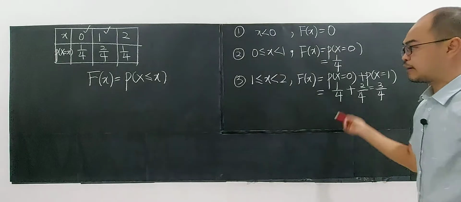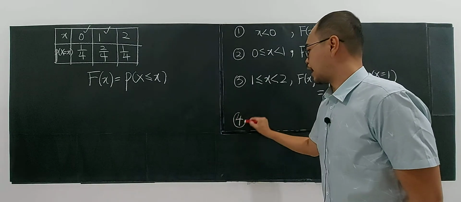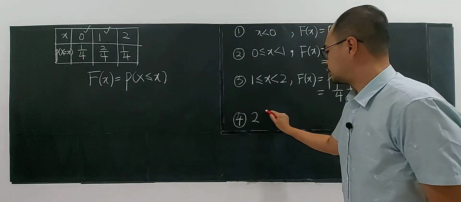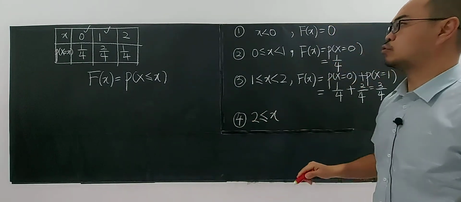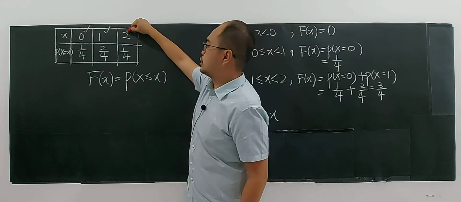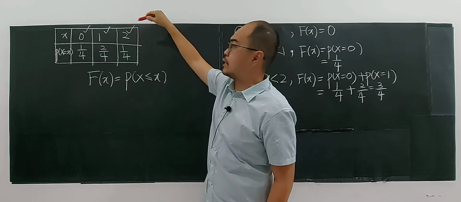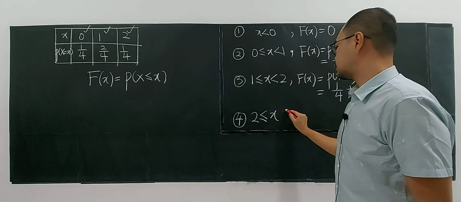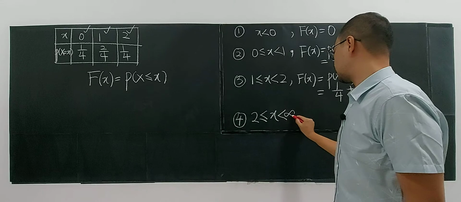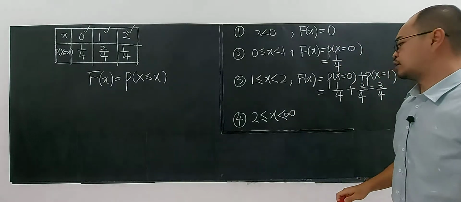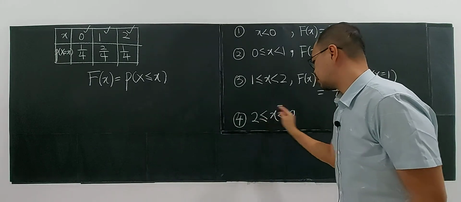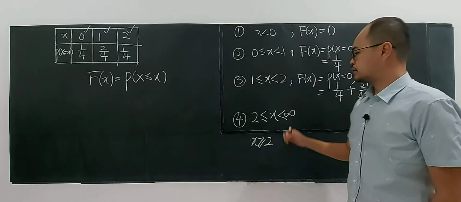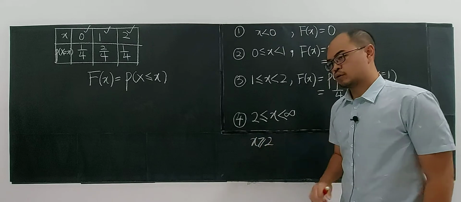Finally, we accumulate again. Now we have reached 2, but there is no random variable after 2. This is unbounded, so it goes up to infinity. The simplest form is to write x greater than or equal to 2.